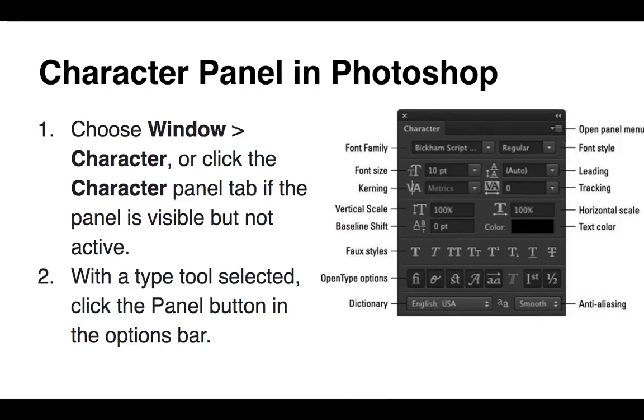So what we're going to do is pop open that panel, and you're going to experiment with the different features on this and see what it actually does to the text. So while I do my demo, you can open Photoshop and play around with it and see what the actual results are on the text when you use this panel.